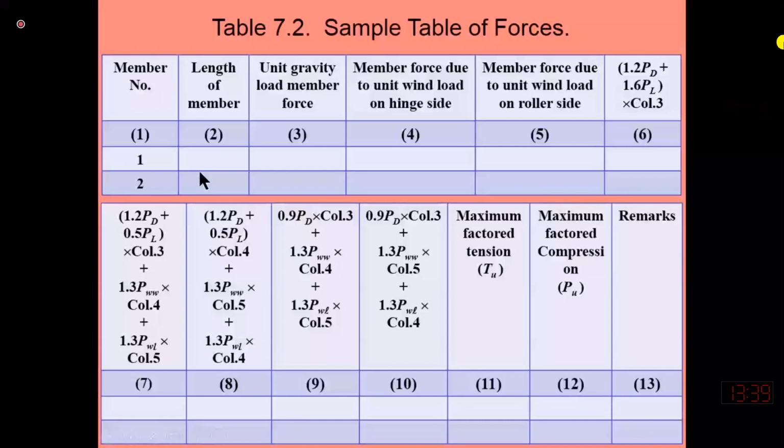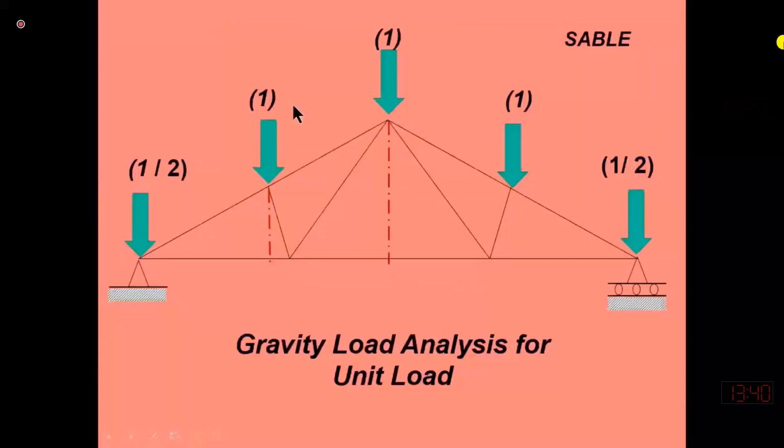Then in the third column, you will write down the forces in each member when you perform the unit gravity load analysis. You will consider force 1 on interior panel points and half at exterior panel point joints. Due to these forces, you can analyze manually by the method of joints or method of sections.